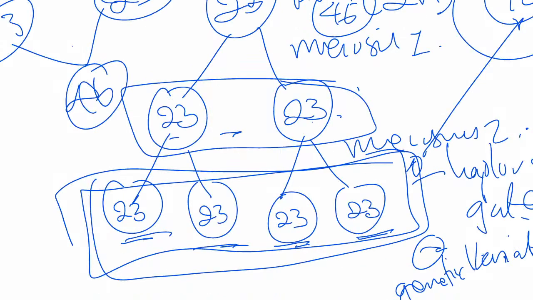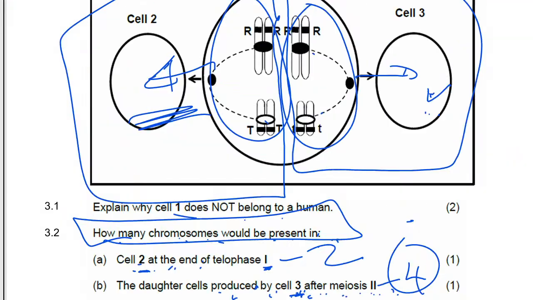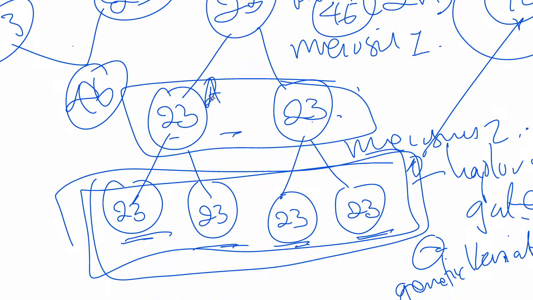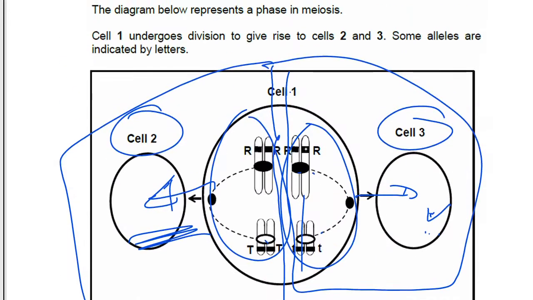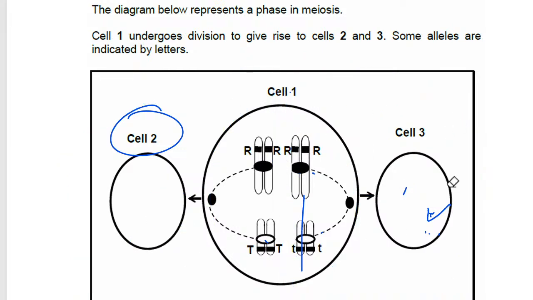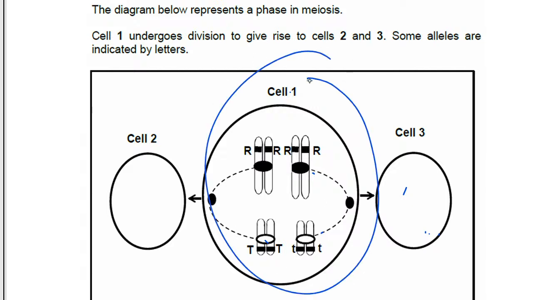You have cell 2 and cell 3, isn't it? This is cell 2, this is cell 3, this is cell 1. Cell 1 here then produces cell 2 and cell 3.